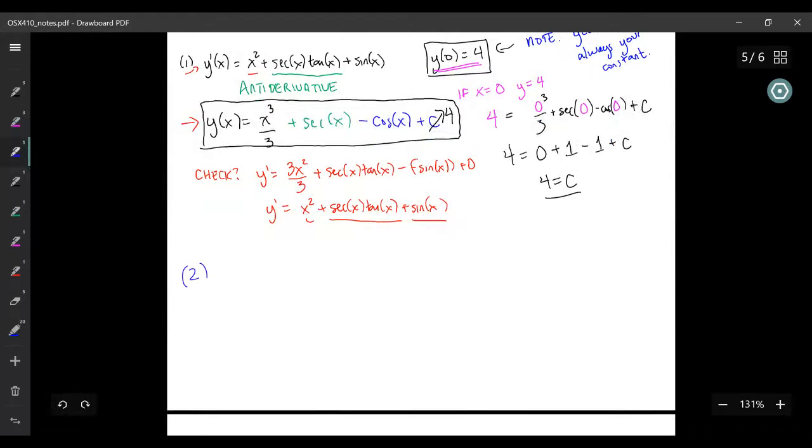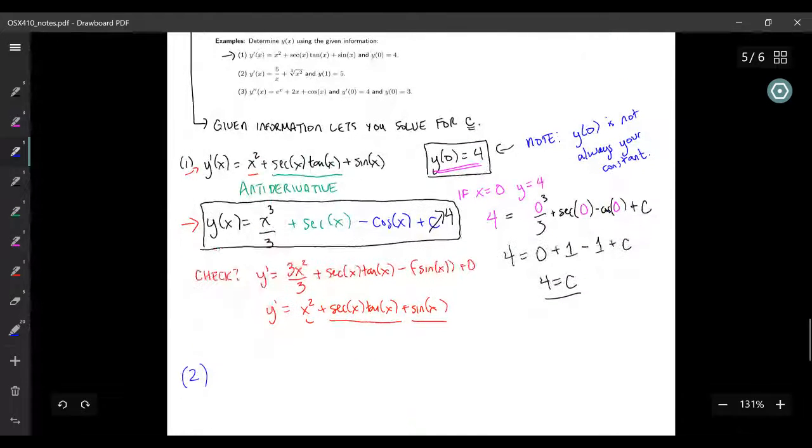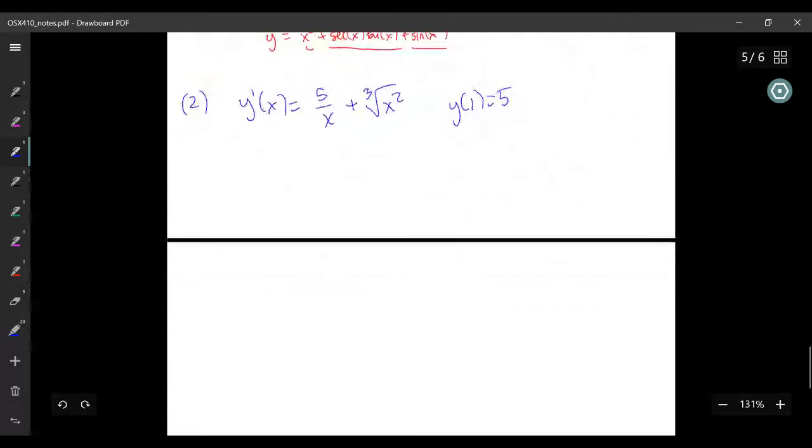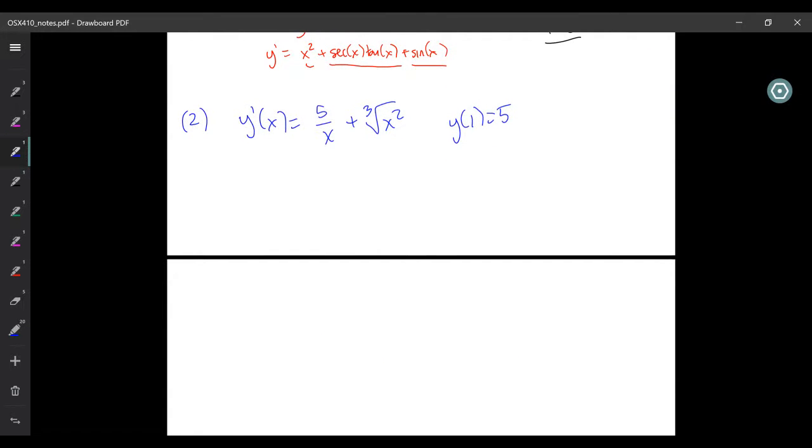Second example we're given is that y prime of x is 5 over x plus the cube root of x squared. And we're given y of 1 is 5. All right. So before I start hacking away at the antiderivative, I'm going to rewrite this as 5 times 1 over x, plus x to the 2/3 power.